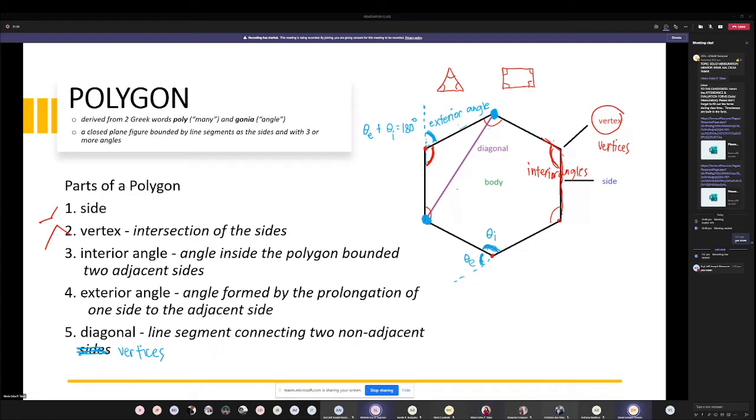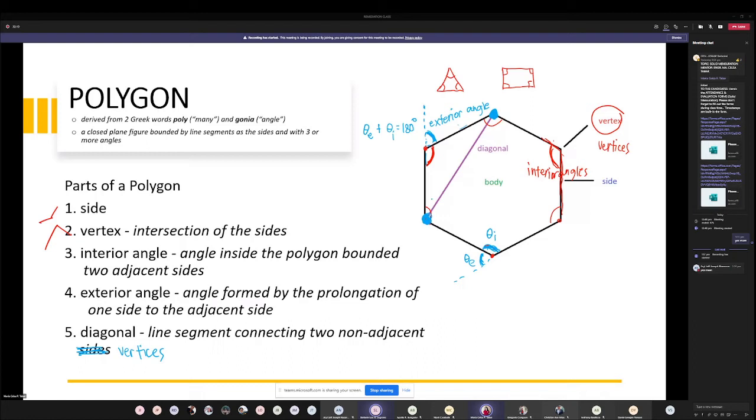If you connect these two non-adjacent vertices, the line segment formed is called a diagonal. There's another diagonal for this particular polygon.